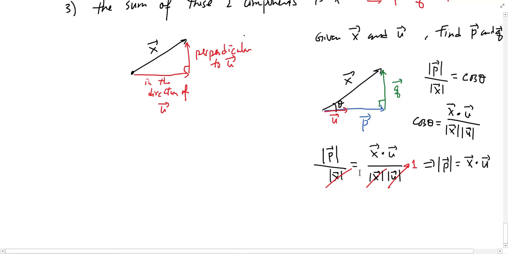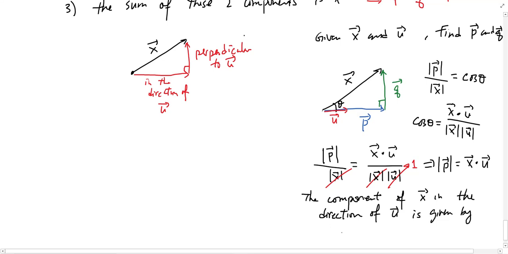So therefore, the component of x in the direction of u, or sometimes called parallel to u, is given by this formula: vector p is equal to x dot u multiplied by vector u.